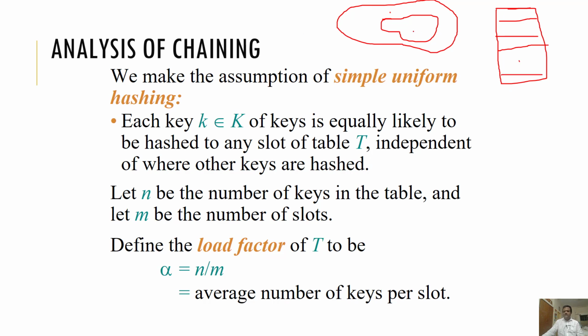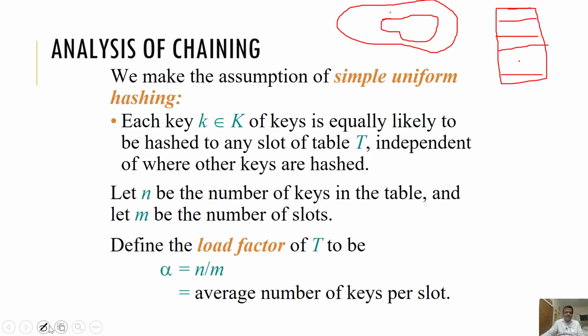If this is say 100 keys, k1, k2, up to k100, and we also have 100 slots, we need to store 100 keys. We are expecting one each, but we don't know about the hash function. If the hash function maps all 100 keys to the same slot, then we have a chain of size 100. So that is a bad hash function.